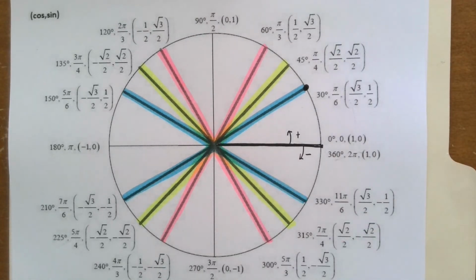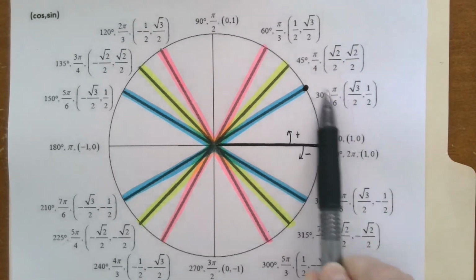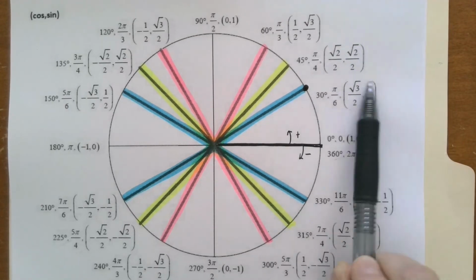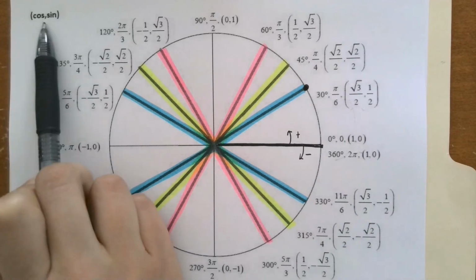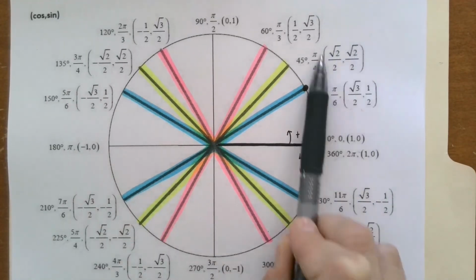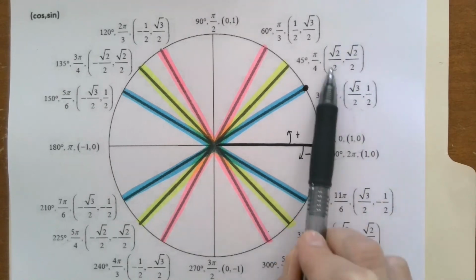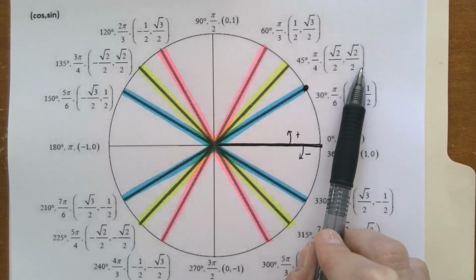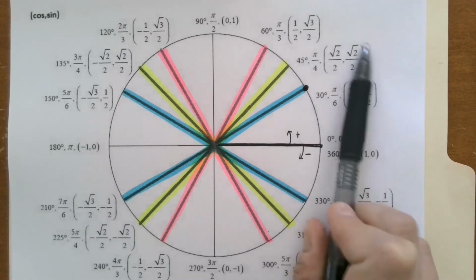And that tells us that the cosine of this angle is root 3 over 2, and the sine of this angle is 1/2. That's why in the corner up here it says cosine comma sine. The x value in each of these coordinates is the cosine of an angle that lands there, and the sine value of an angle that lands there would be the y value here.